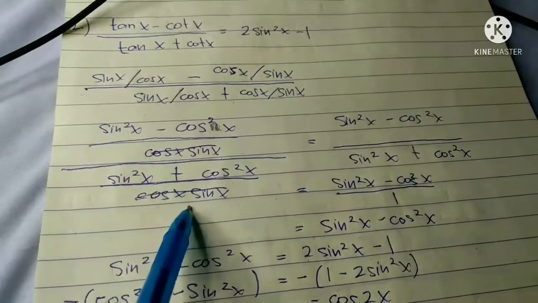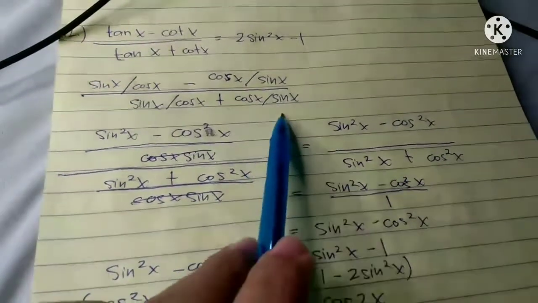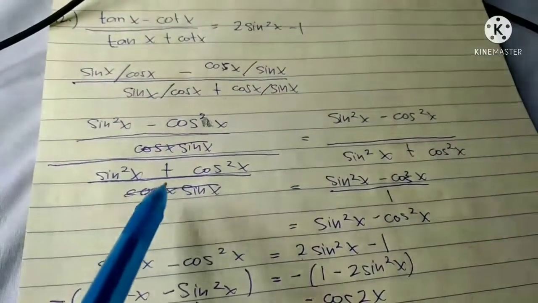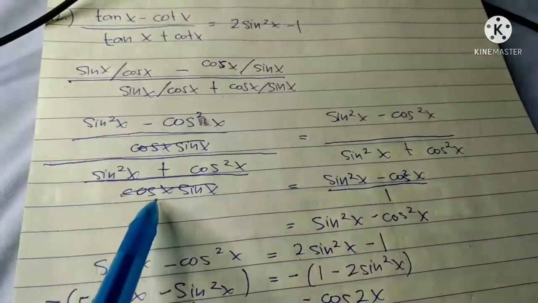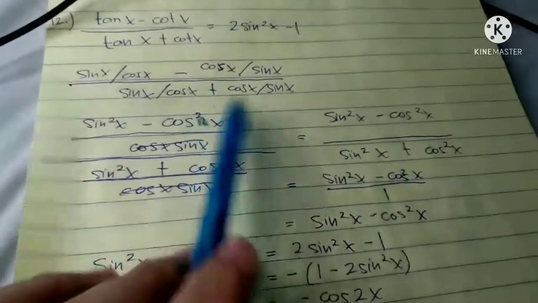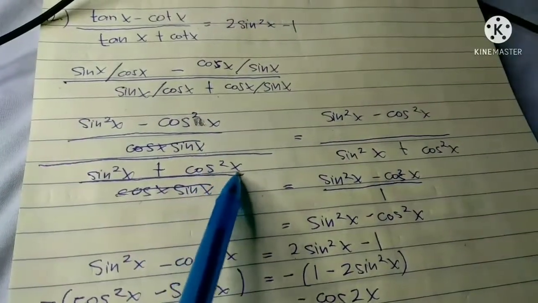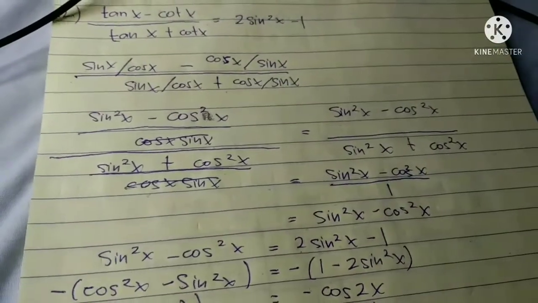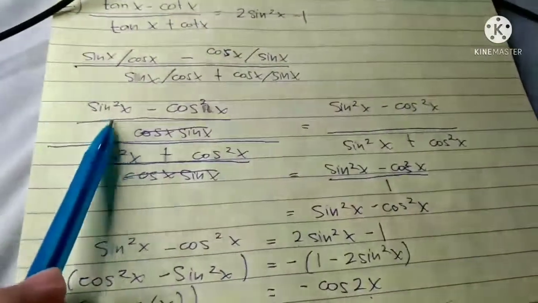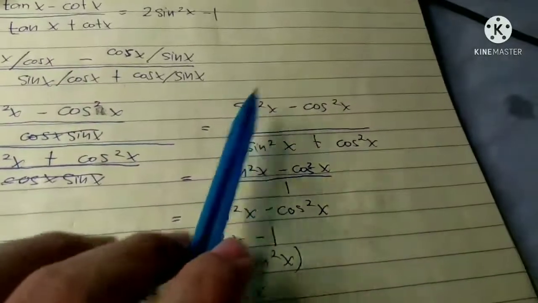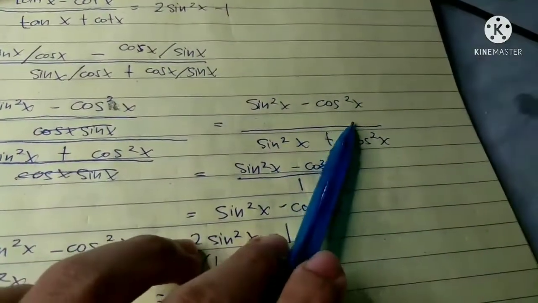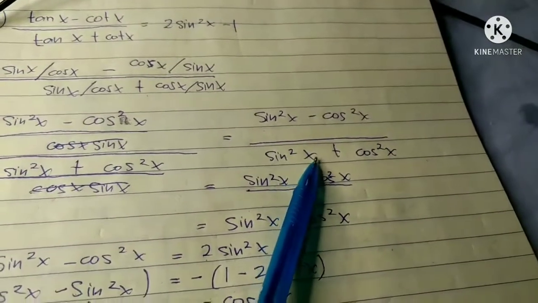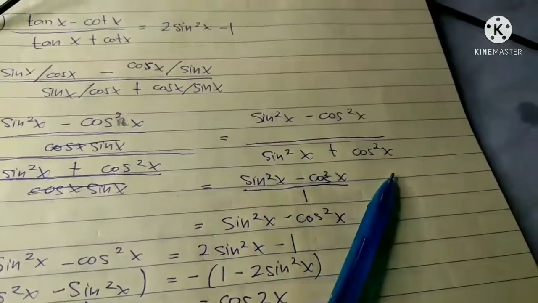Next, cosine x sine x divided by sine x, we can cancel this one and what is left is cosine x, and we multiply cosine x, so we get cosine squared x. So we can cancel out this as the same denominator. So we have now sine squared x minus cosine squared x over sine squared x plus cosine squared x.